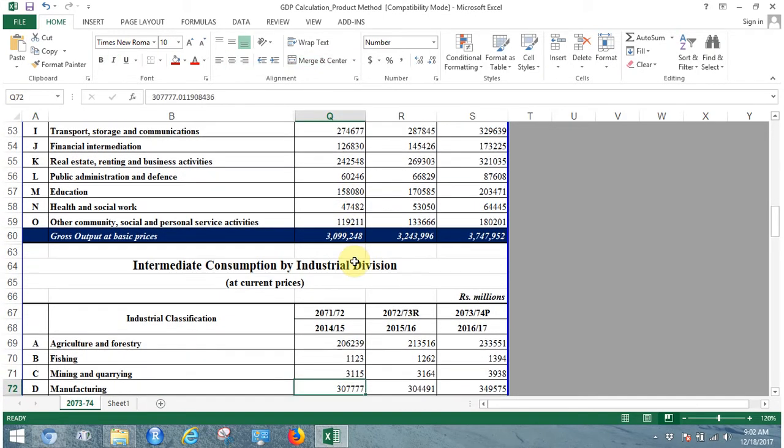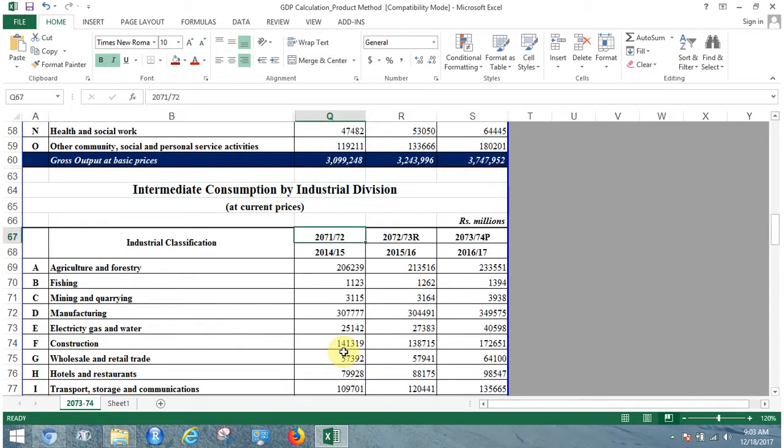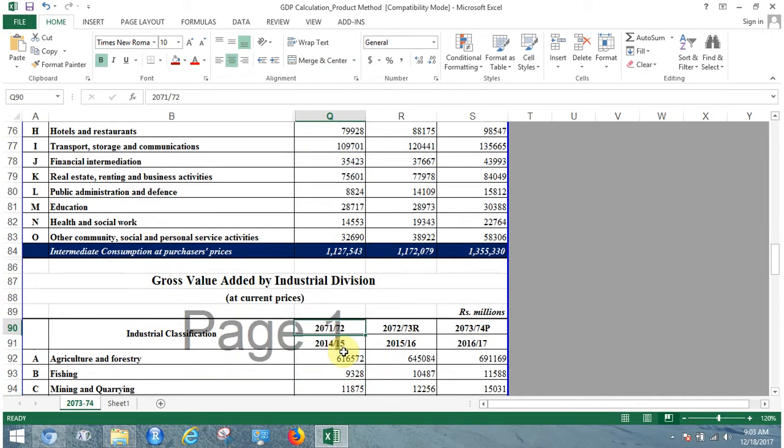Next comes the estimation of intermediate consumption. Intermediate consumption is nothing but the value of raw materials that are used up in the production process. So this figure, 206 billion Nepalese rupees, shows the value of materials used in agricultural and forestry production. Just like this subsector, the intermediate consumption for all other 14 subsectors is estimated.